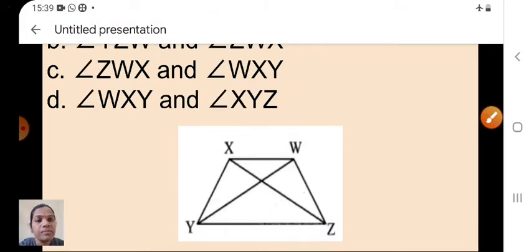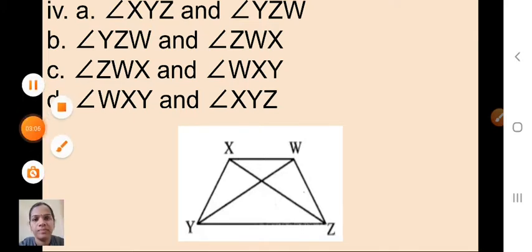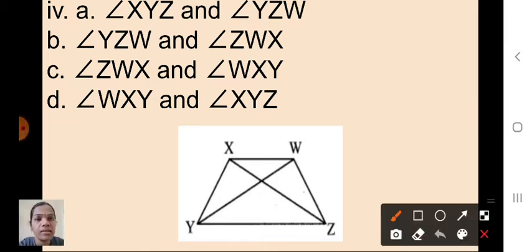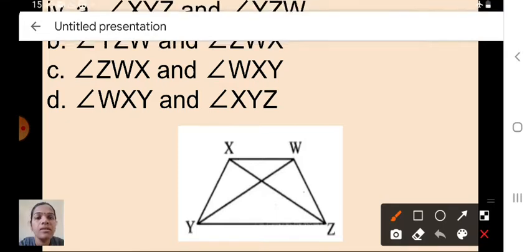Next, we have to write angles. Children, the fourth one: we have to find adjacent angles. First, the pair of adjacent angles: we write XYZ.